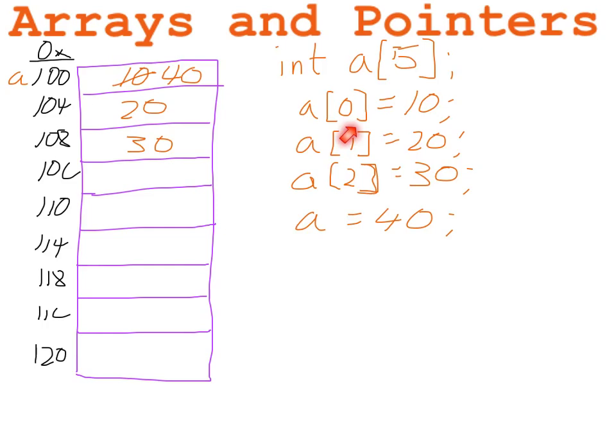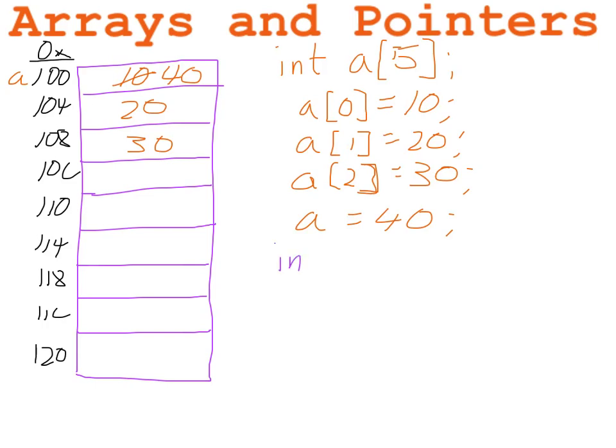Now, just like we can have pointers to integers, like we did in our previous example where we had B pointed to the address of A, and we could indirectly access A via B, we can also have pointers to arrays. So let's try and do that now, given what we've currently done in this example.